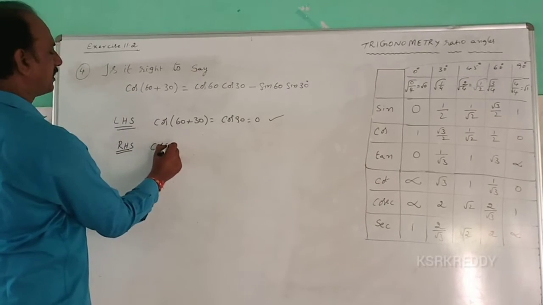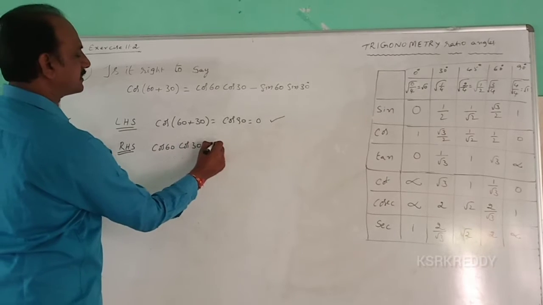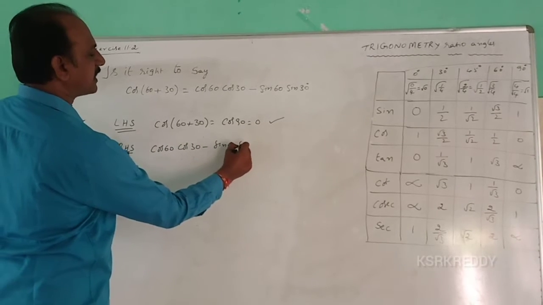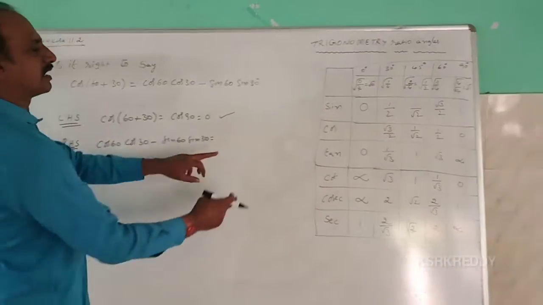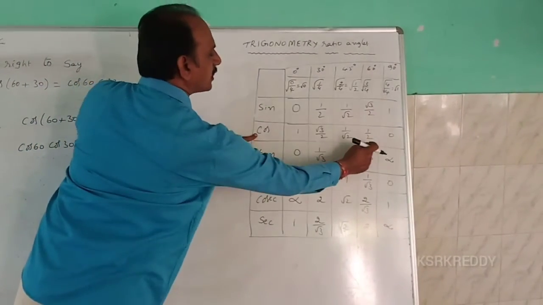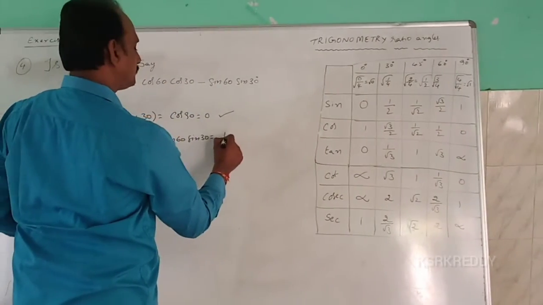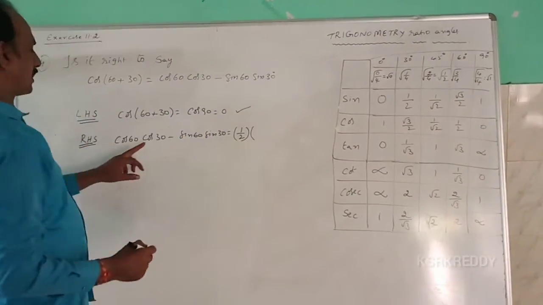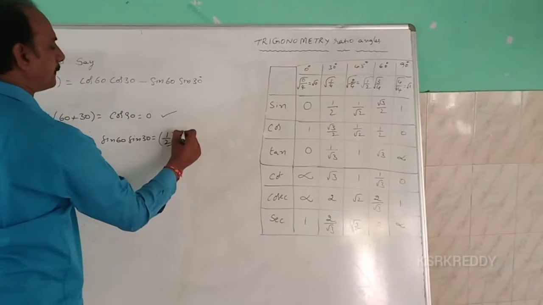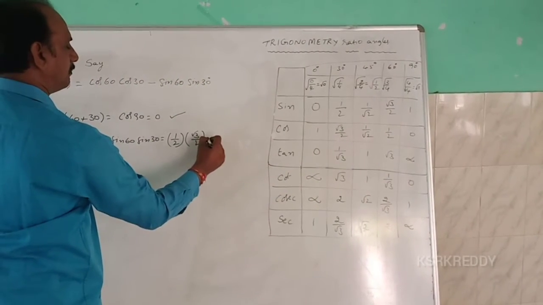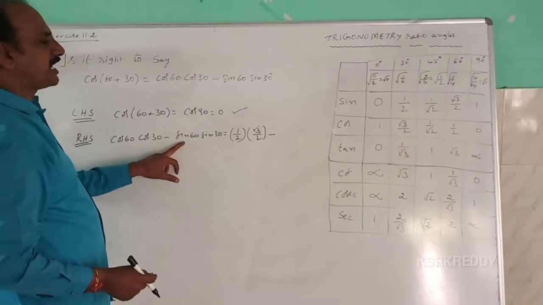And next, the RHS. What is the RHS value? Cos 60 cos 30 minus sin 60 sin 30. Cos 60 degrees is 1 by 2, into cos 30. Cos 30 degrees is root 3 by 2, minus sin 60.